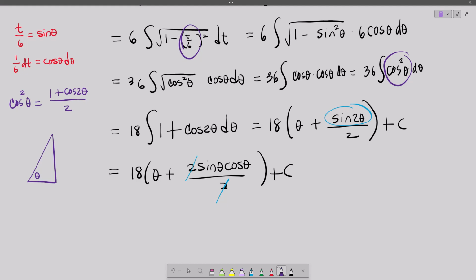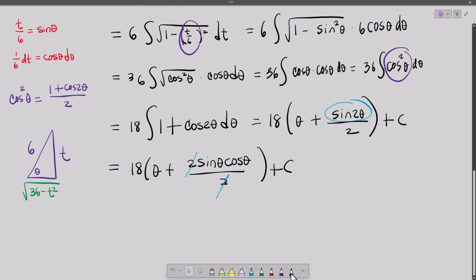And it says sine is t divided by 6, so opposite over hypotenuse has to be t over 6. We always will have two of the three sides based on this, and then we fill in the other side by using the Pythagorean theorem. This will be the square root of 36 minus t squared. And that is all we need.